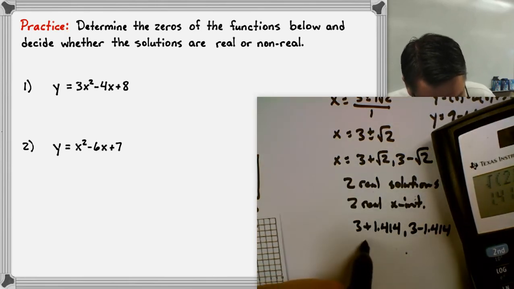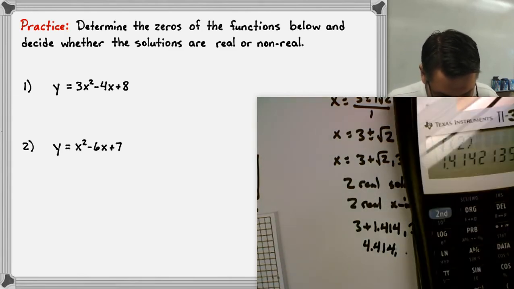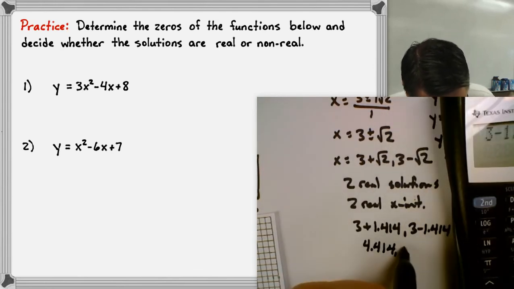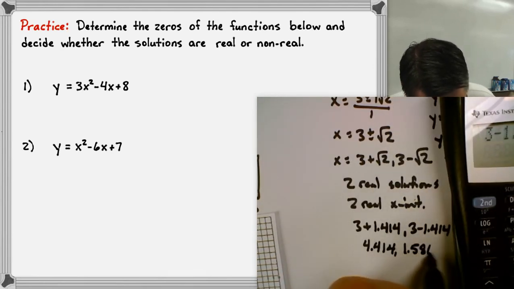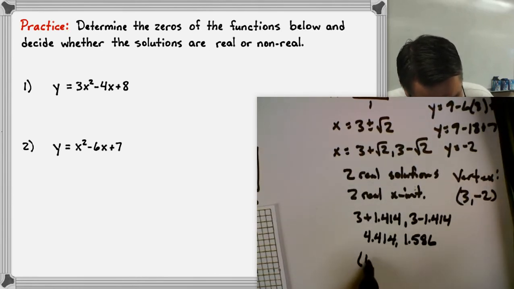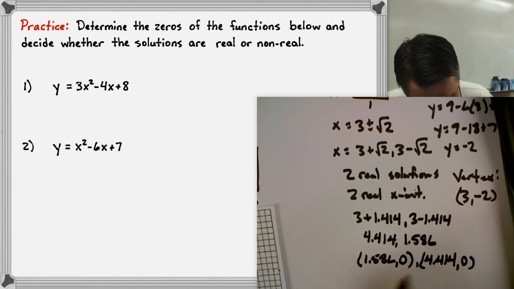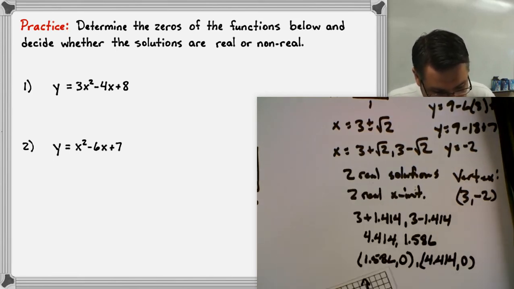So that turns into 4.414, and I'll do this one, 3 minus 1.414. We end up with 1.586. So our actual x-intercepts here are going to be 1.586 comma 0 and 4.414 comma 0.